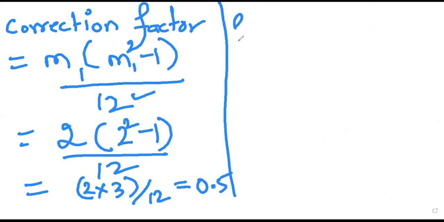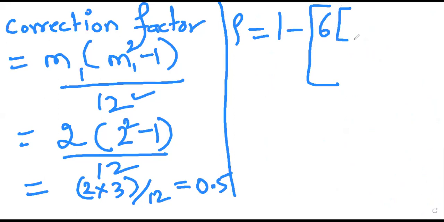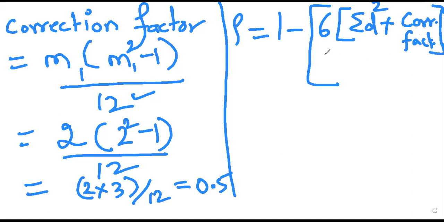Rank correlation formula: 1 minus 6 into summation of d square plus correction factor, whole divided by n into n square minus 1.